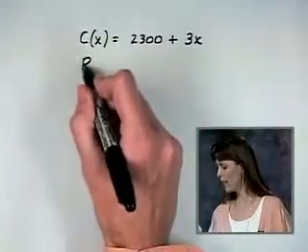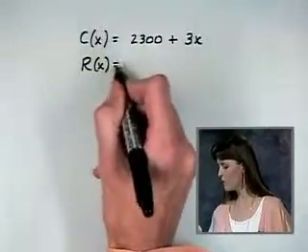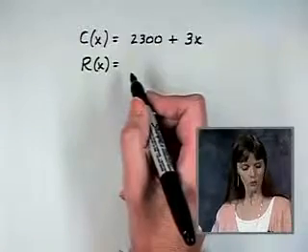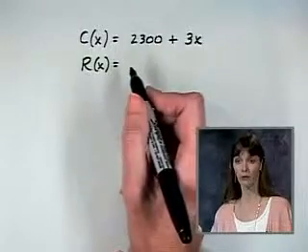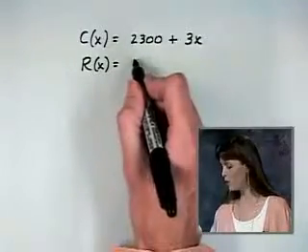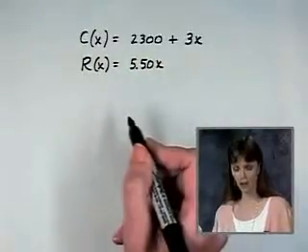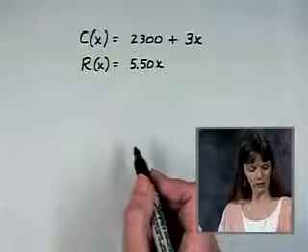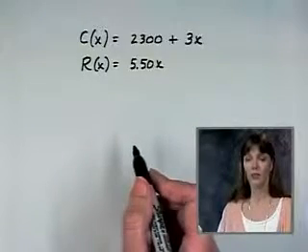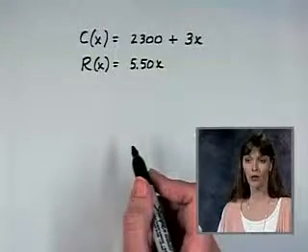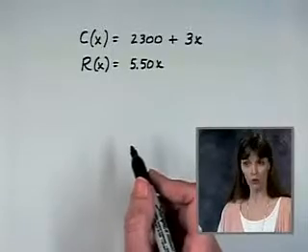Next, we're told that the revenue, the amount of money that he brings in, is equal to $5.50 per delivery. So we can write down R of x equals 5.50x. So we've come up with the two formulas for the cost and the revenue. We next would like to find the value of x for which the cost equals the revenue.